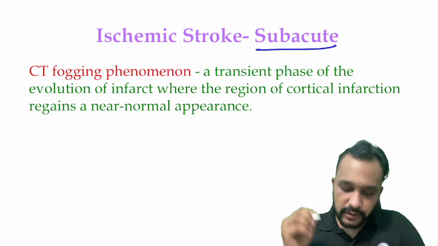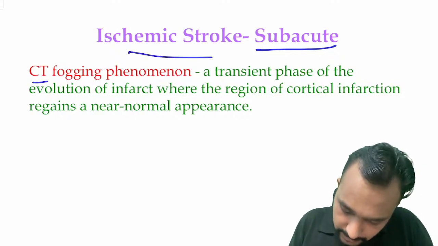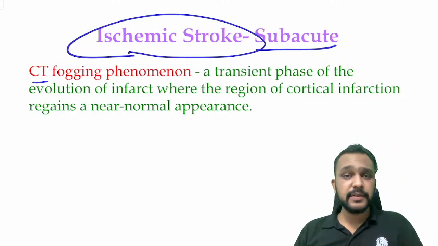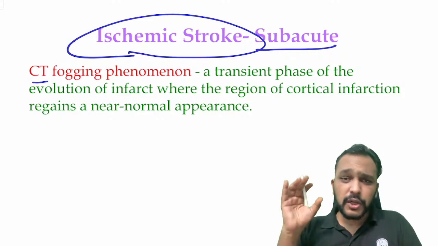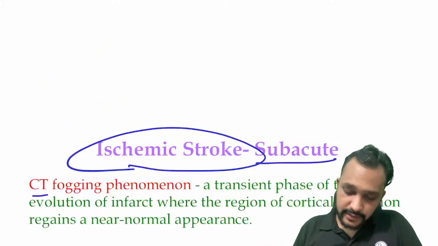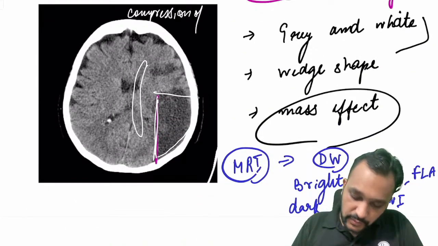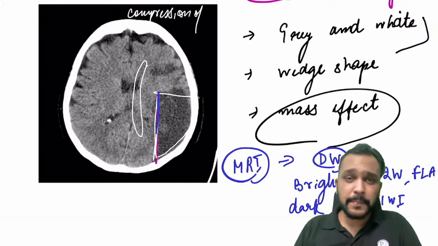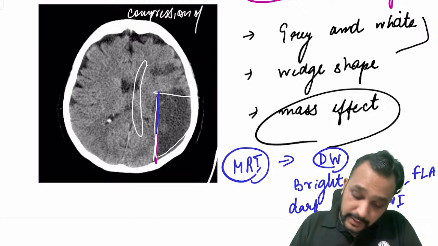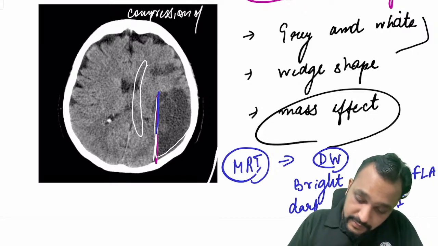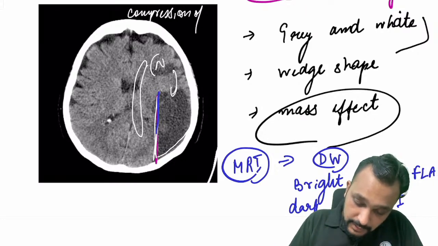Now a very important phenomenon that is shown by subacute ischemic stroke is that there can be normalization of the hypodensity. So for example, this region was appearing hypodense in a patient with acute ischemic stroke, but if we do imaging in patients with subacute ischemic stroke, this area can appear normal, right?